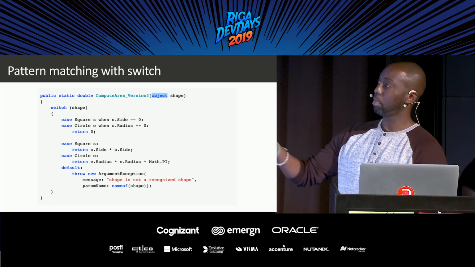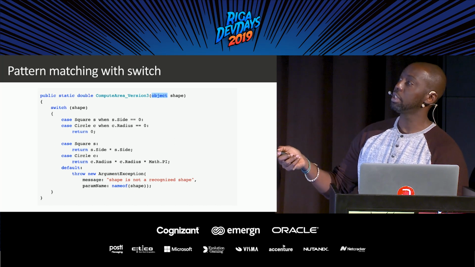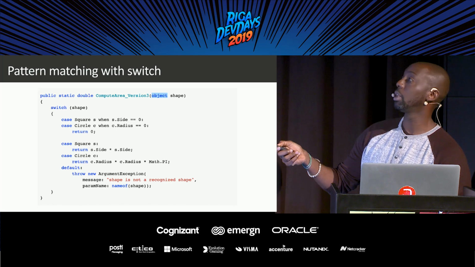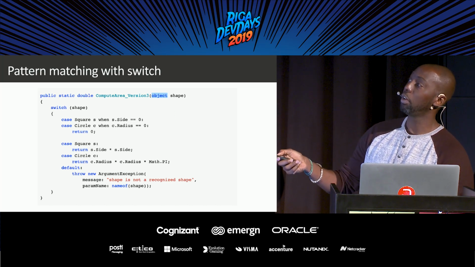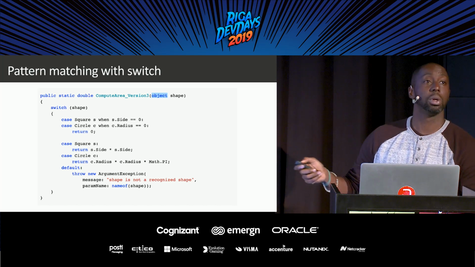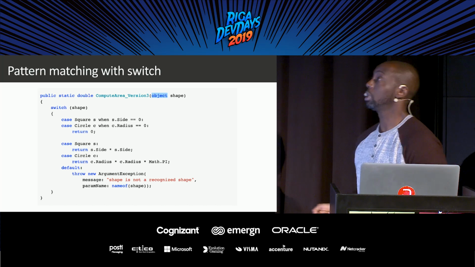And I could say here in my first case, if this shape happens to be a square and, or when the side is equal to 0, then I want you to do something. Or if it's a circle with a radius of 0, I want you to do something, right?